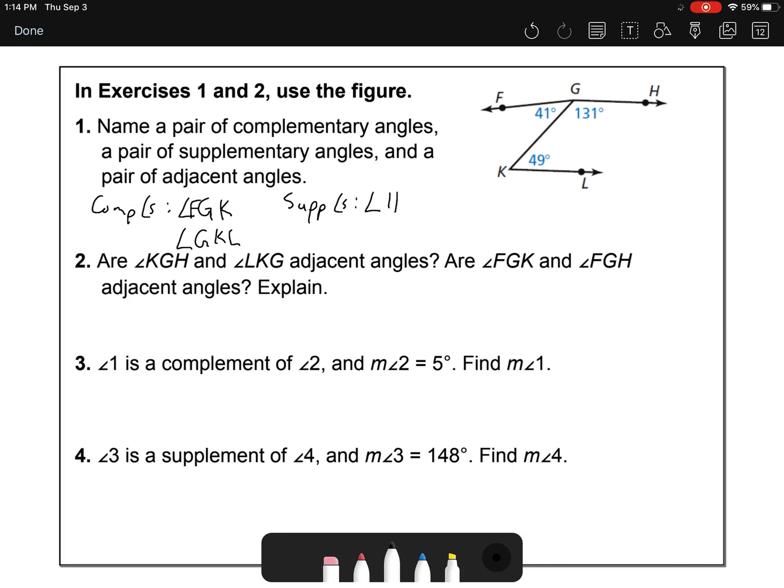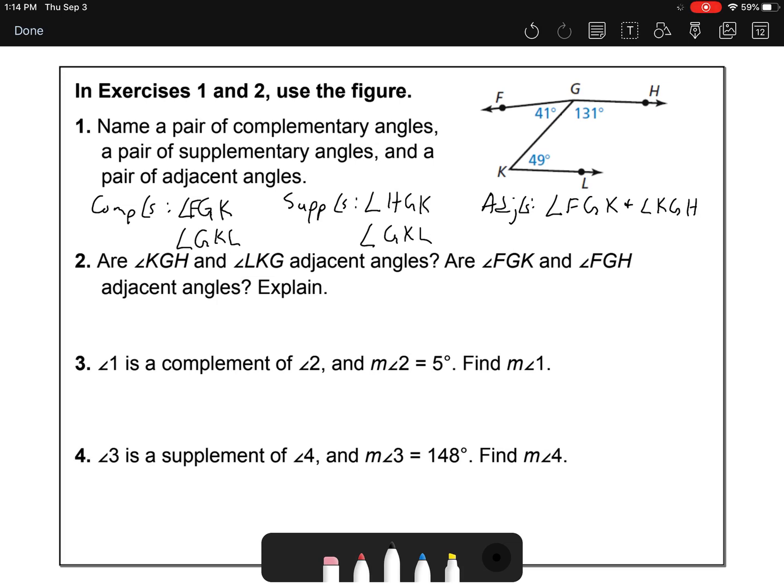Supplementary angles would be 131 and 49. So HGK and angle GKL. And then adjacent angles, only one choice here, angle FGK and angle KGH.